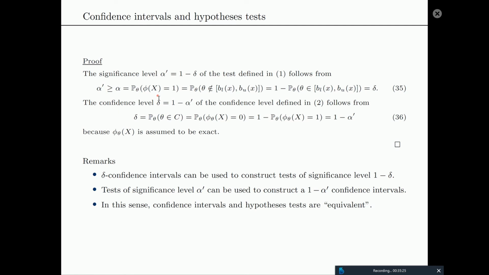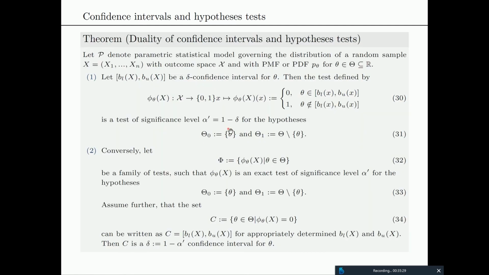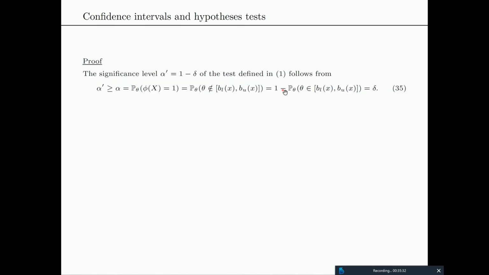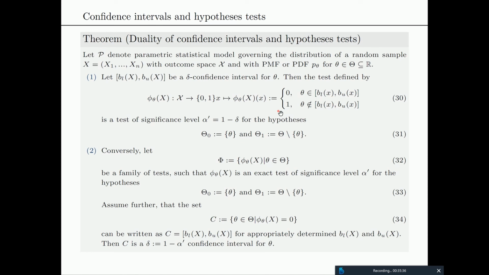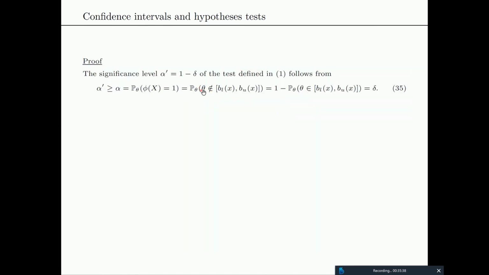And this rejection is defined here as not being in the confidence interval. Yeah, so this equality here just follows from the definition of the test. And the probability of theta not being in the confidence interval is, of course, 1 minus the probability that theta is in the confidence interval, and this was defined as delta. Yeah? So if you understand this chain of equalities here, then you understand why this works.